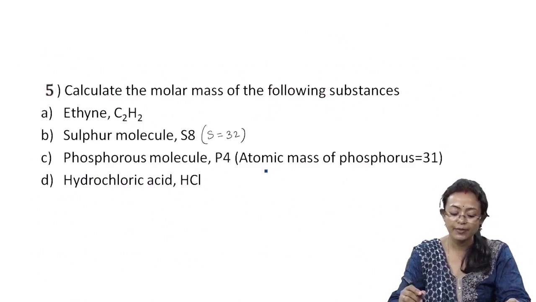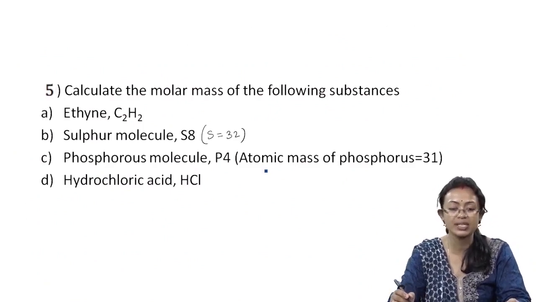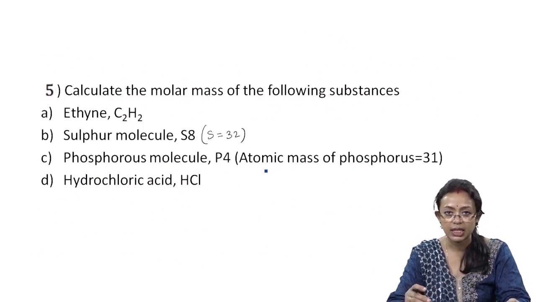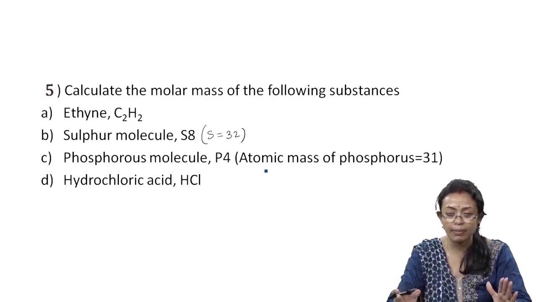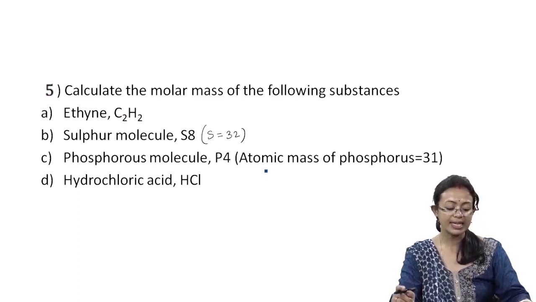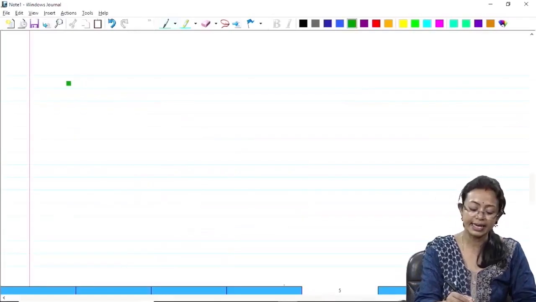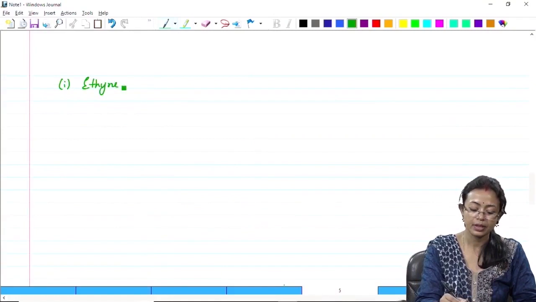Now, we have to calculate the molar mass of the following substances. That means we will now be calculating the molar masses in different units, taking the mole concept into account. The first one is ethyne. What is the chemical formula?